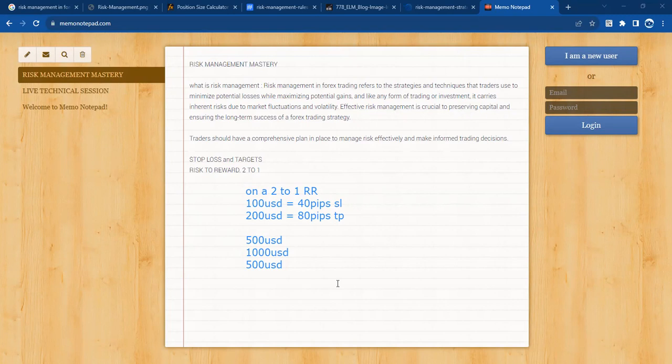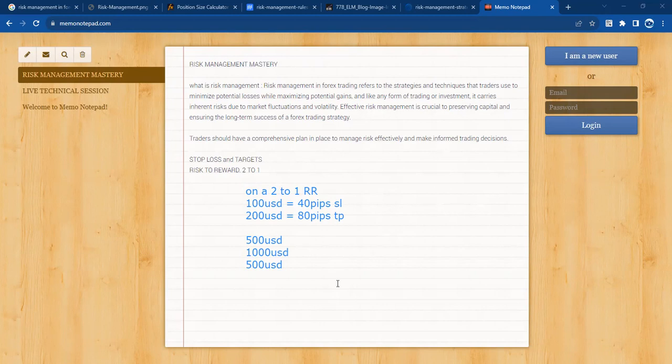But in the worst case, whereby you win 5 of your trades and lose 5 of your trades, you are still a very profitable trader. If you lose 6 of your trades and win 4, you are still a very profitable trader. If you lose 7 of your trades and win 3, you are still a profitable trader. This is all because of risk management. This is all made possible by applying proper risk management.